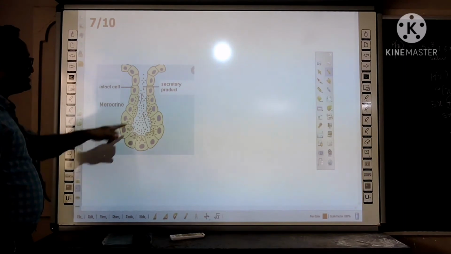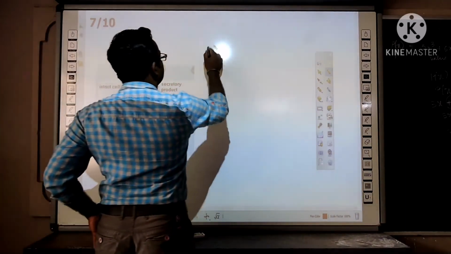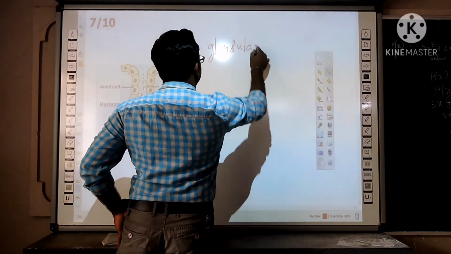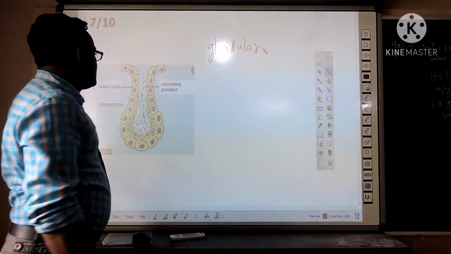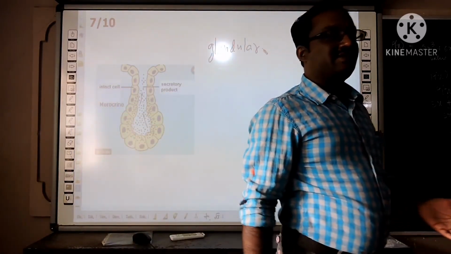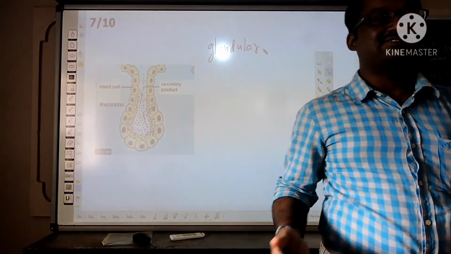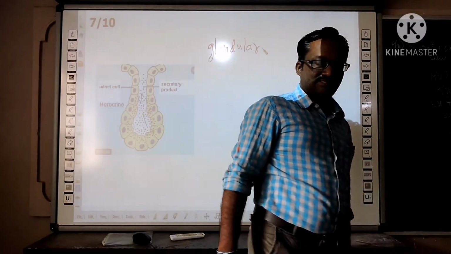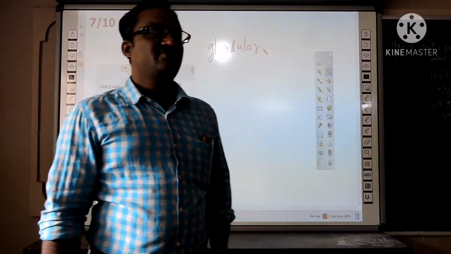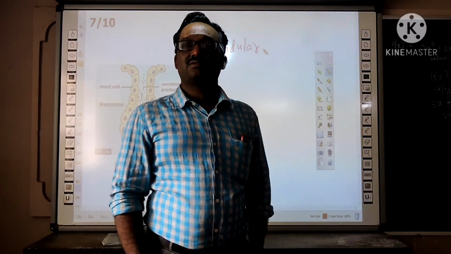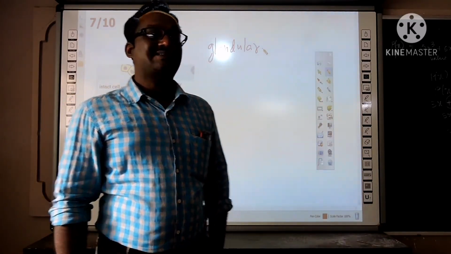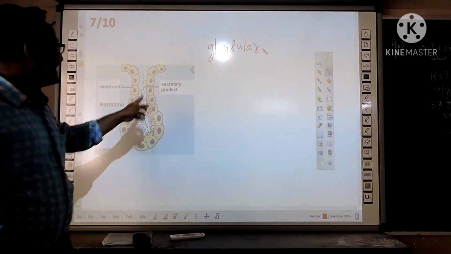See this one, glandular epithelium. Glandular epithelium is present in glands. In our body, there are two types of glands: exocrine glands and endocrine glands. For example, the pancreas, liver, adrenal gland, which is above the kidney, and thyroid gland, which is in the neck. These glands are lined with glandular epithelium.